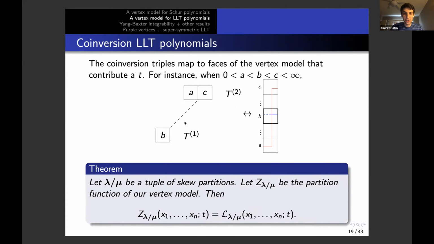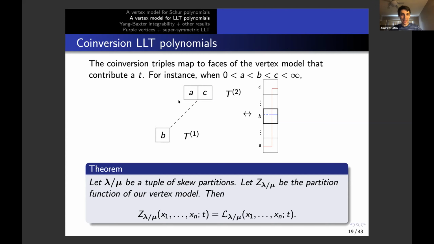So for instance, if I have a co-inversion triple A, B, and C, what that means is that this B tells me that there's going to be a blue path exiting the column in row B. So if I look at this box, there should be a blue path exiting to the right in row B. And then the fact that these two boxes are in the second tableau means that a red path is entering the column in row A and exiting in row C. And in the middle, it sort of has to pass through row B. And so what I'm getting at is that every co-inversion triple corresponds to some instance of a color exiting right and a larger color being present. So, which is exactly what gets us a power of t in the vertex model.